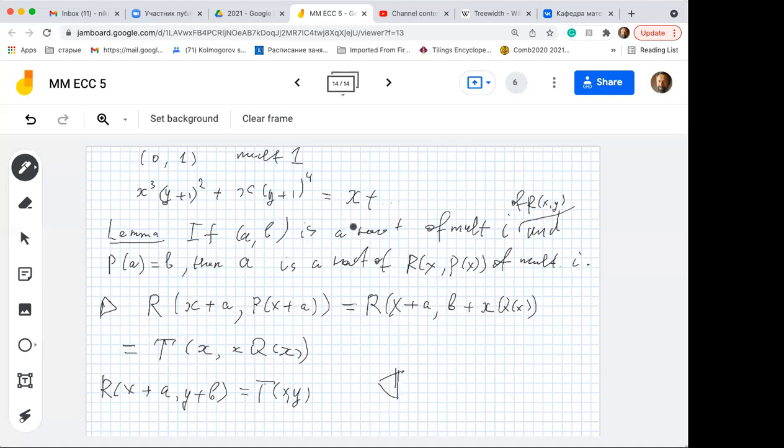Are there any questions about the proof of the lemma? Okay, then we can continue.